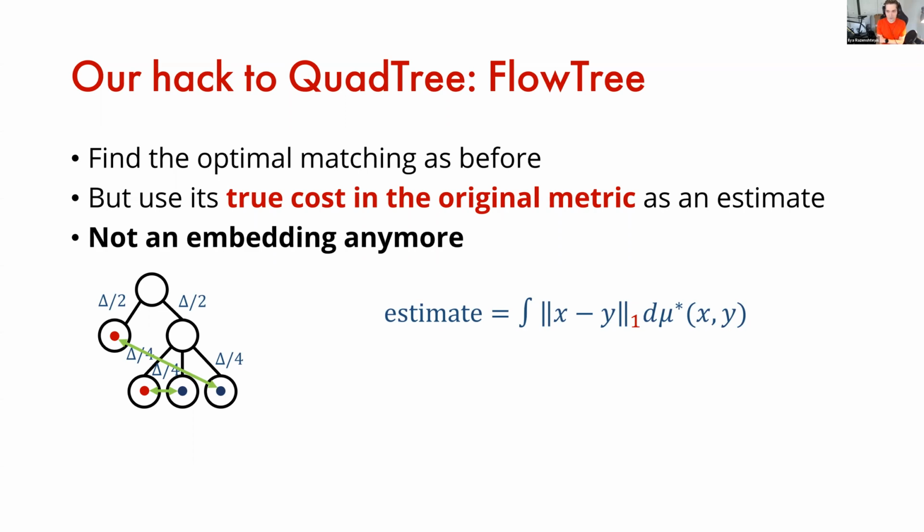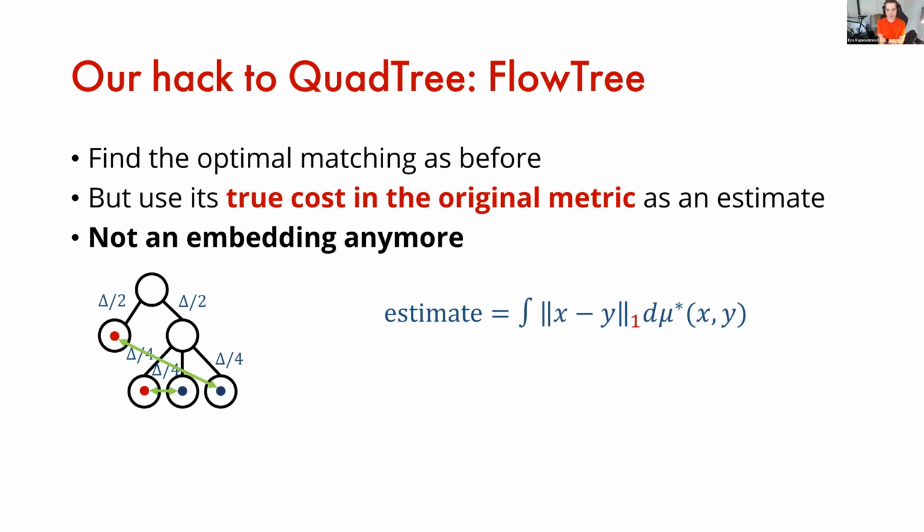So the obvious drawback of this is that it's not an embedding anymore. I told you before, there is a certain way to write down vectors such that the cost of the bottom-up greedy matching corresponds basically exactly to the L1 distance between these feature vectors.